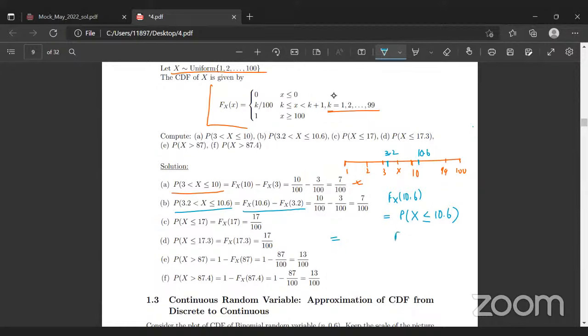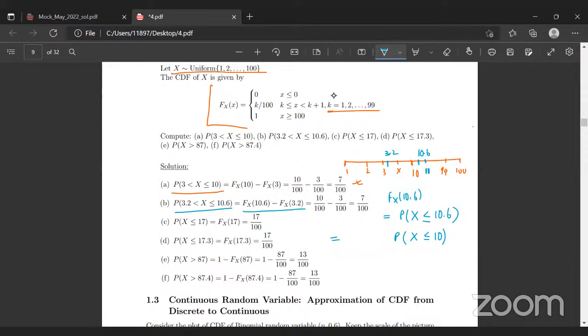So it will take the value probability x less than or equal to 10. Ma'am, sorry, can't we do 11? Why should we do 11? Because I think 10.6 is more than 10. So I thought. No, it's not about that. So 10.6 is here, right? Let's say this is our 11.